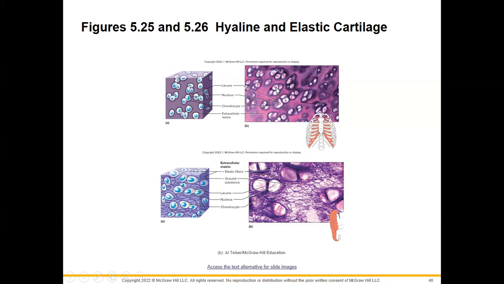All right, so these little cells are going to be your chondrocytes located in the lacunae, and you have this extracellular matrix, hyaline cartilage. Remember, hyaline cartilage is the most common type of cartilage that we have in the body. In the picture associated with this image, you see highlighted the tips of the ribs.